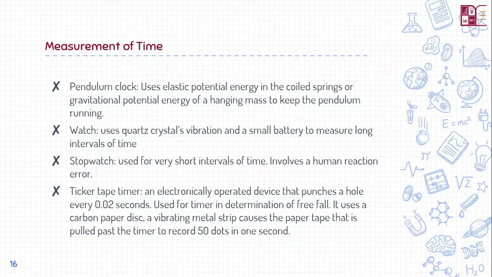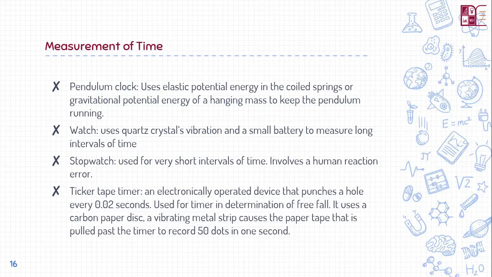Now moving on to a ticker tape timer. A ticker tape timer is an electrically operated device which marks very short intervals of time onto a tape in the form of dots. So a timer is connected to an alternating electricity supply, which causes the metal strip attached to the timer to vibrate at about 50 times per second.